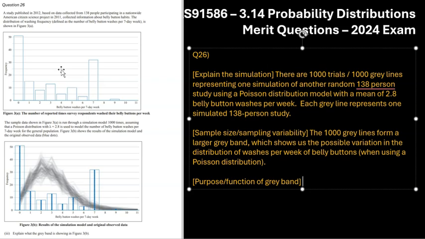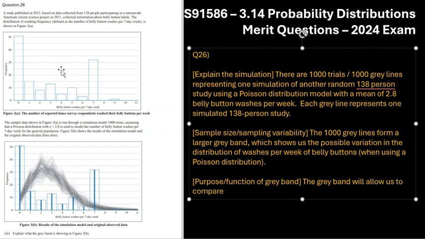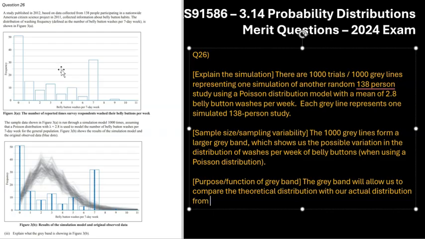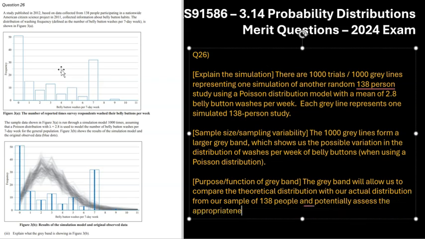So the grey band will allow us to compare the theoretical distribution with our actual distribution from our sample of 138 people, and potentially assess the appropriateness of a percent distribution.